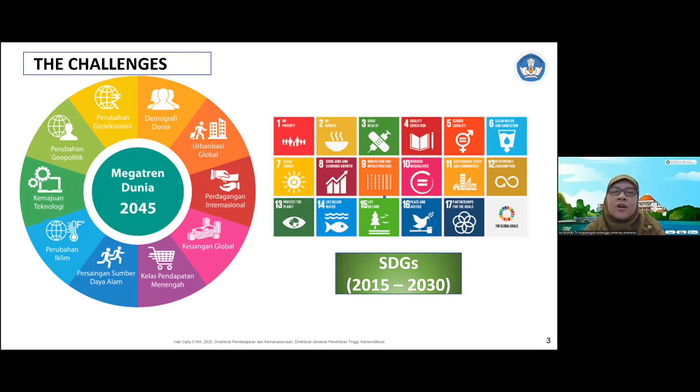The circular economy will be seen as the next mega trend after the SDGs are achieved in 2030. So we are not only thinking about the SDGs 2030, but we should also have a strategy for after 2030, in the mega trend of our young generation who are now our students.